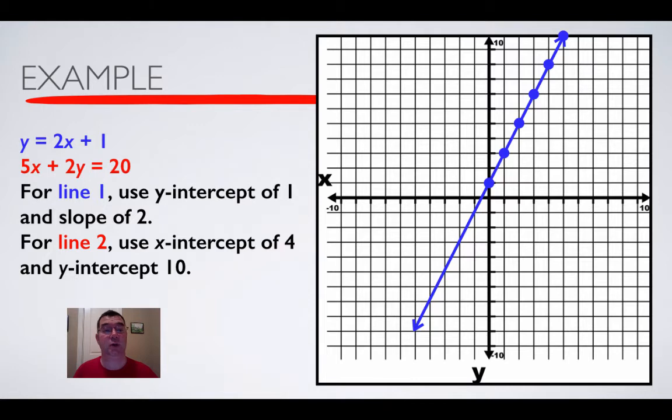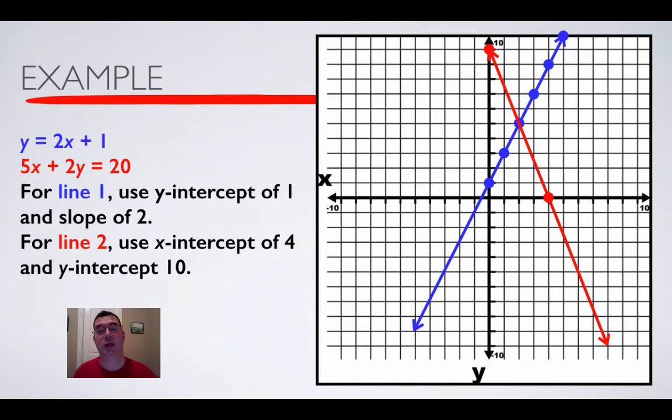So if I ignore the x's, then the equation is 2y equals 20, and that means my y-intercept is 10, and if I cover up my y's, the equation is 5x equals 20, which means my x-intercept is 4. So I know the line passes through the x-axis at 4. I know my line passes through the y-axis at 10. So using those 2 points, I can figure out where my line is.